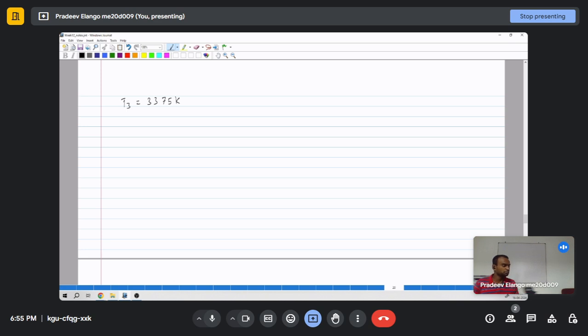So this is the temperature when we calculate using the variable specific heat values.